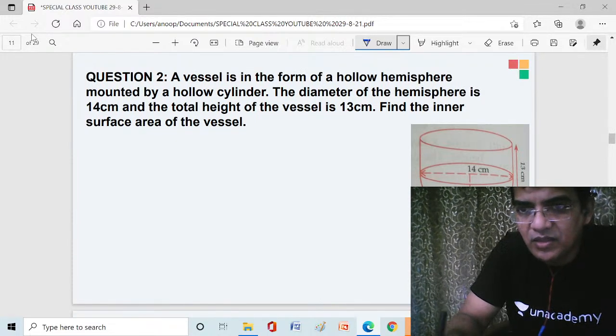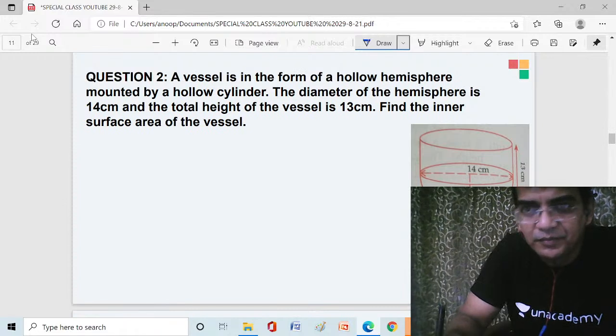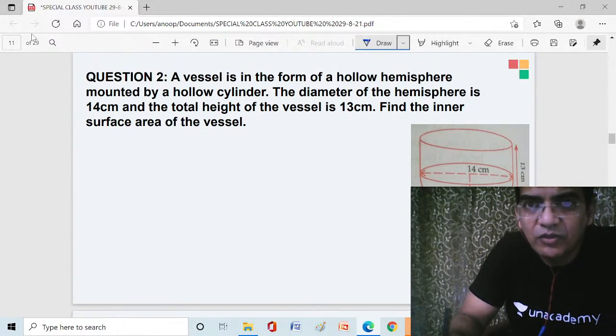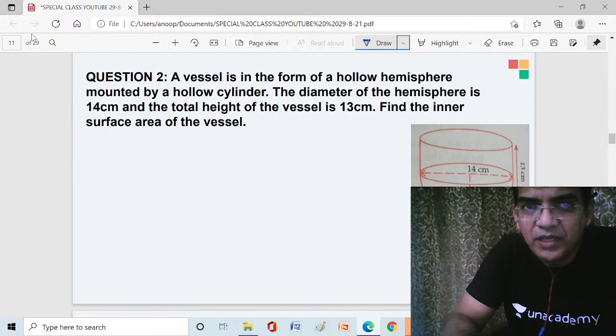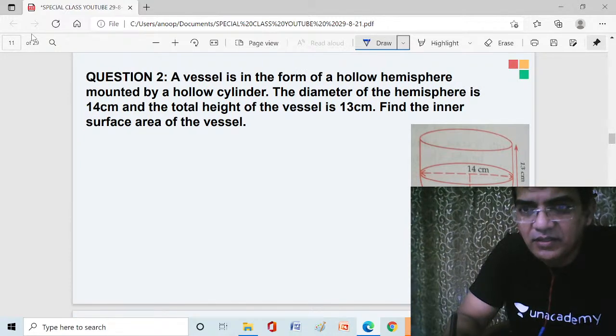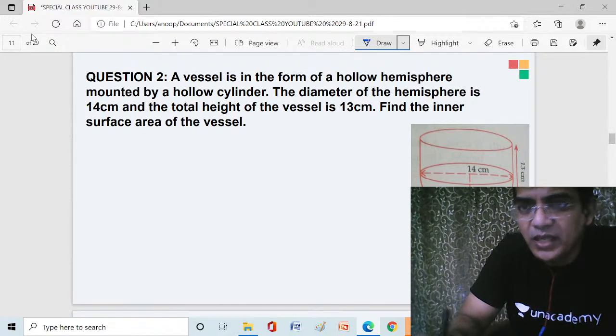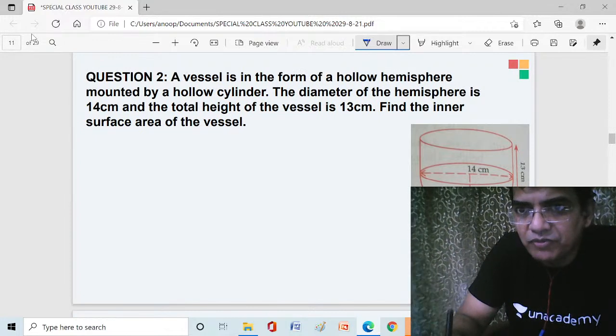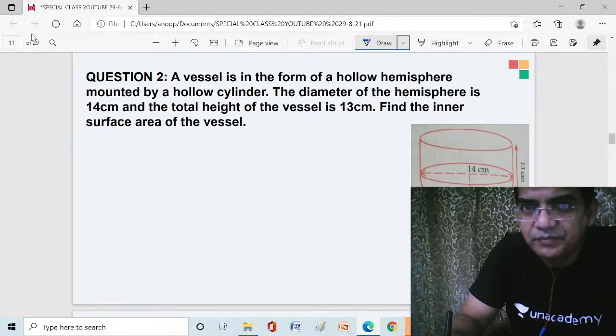So see, this is the hollow hemisphere. A vessel is in the form of a hollow hemisphere mounted by a hollow cylinder, a hollow cylinder over it. Now again you can see the two figures are surmounted, so that means their radius will be the same.